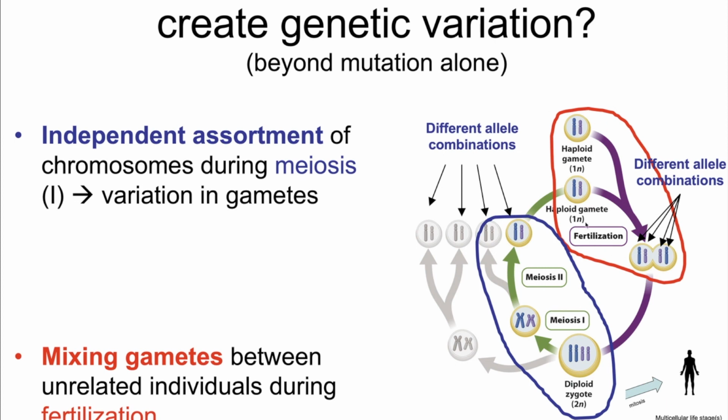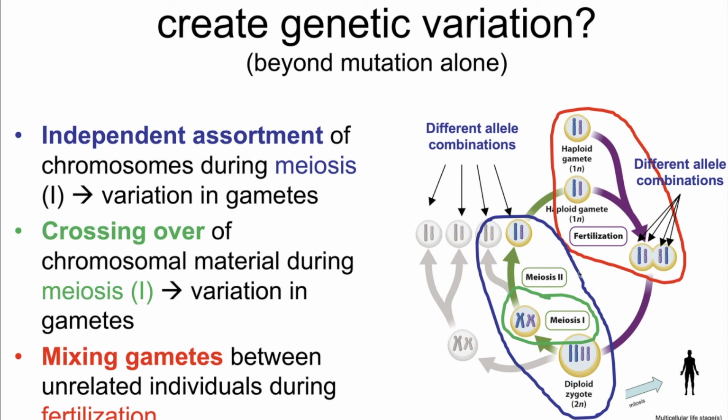So once again, more different combinations of alleles because different combinations of chromosomes are brought together from mixing gametes during fertilization. And on top of that, prior to the meiosis 1 splitting, you can have chromosomal material crossing over, resulting in even more different combinations of alleles from those little chunks of chromosomes.